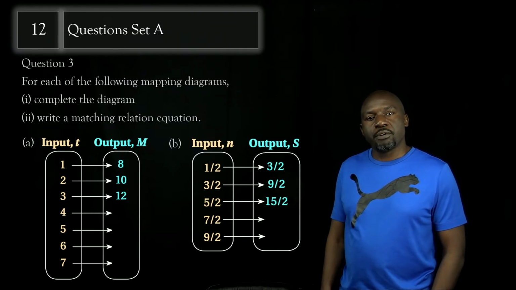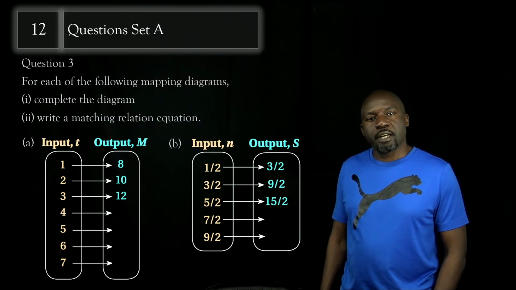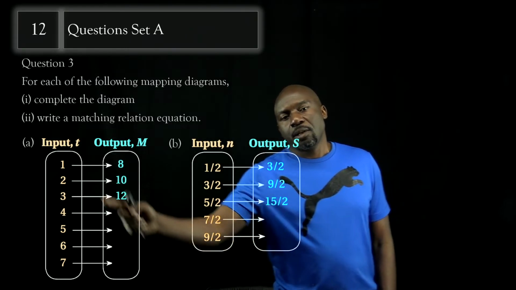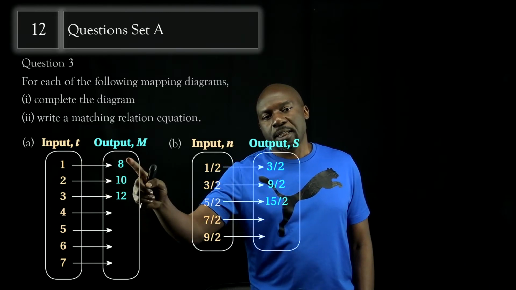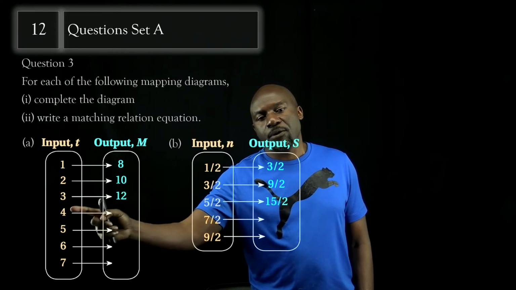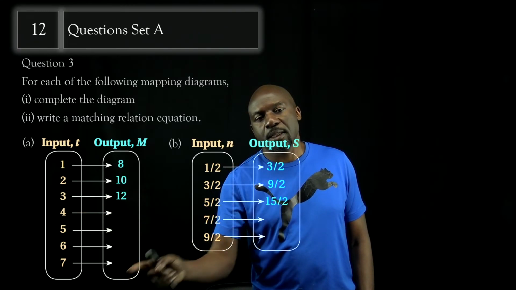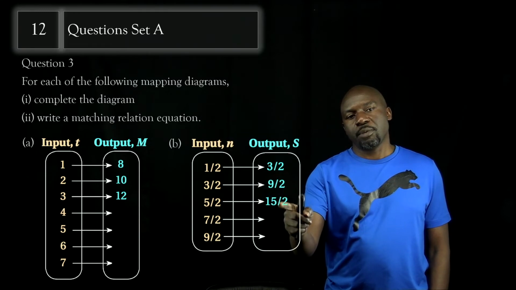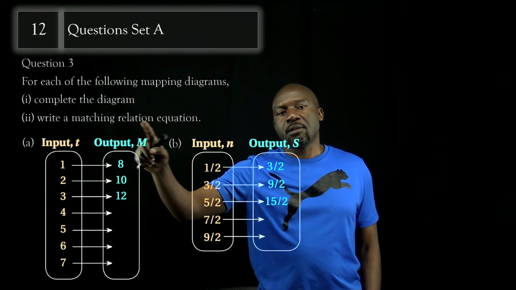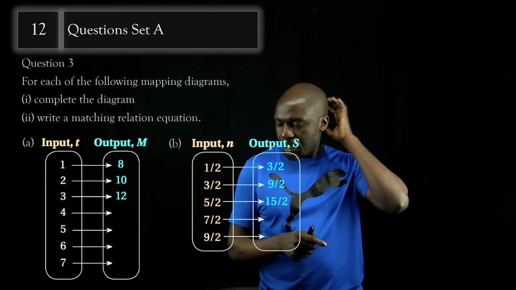Here are other questions which I also want you to do. Question 3 says, for each of the following mapping diagrams, complete the diagram, which is to say, fill up this space here. So 1 is to 8, 2 is to 10, 3 is to 12, 4 is to what? You can complete this, and also this one. After you've completed, part 2 says, write a mathematical relation equation.